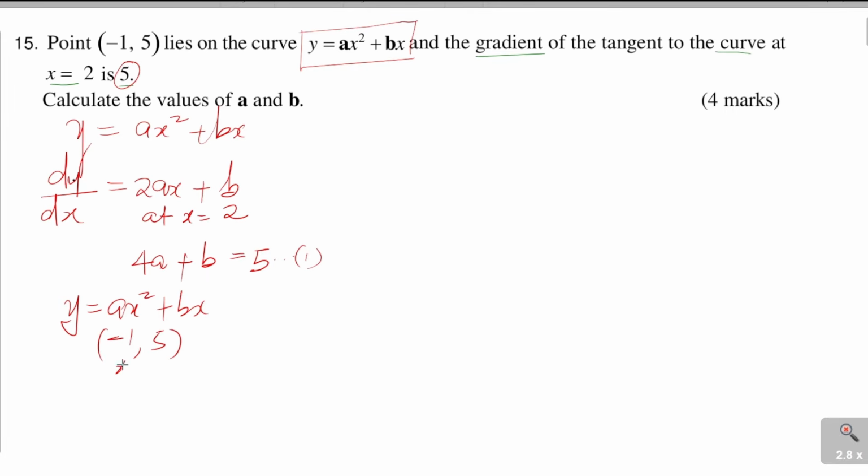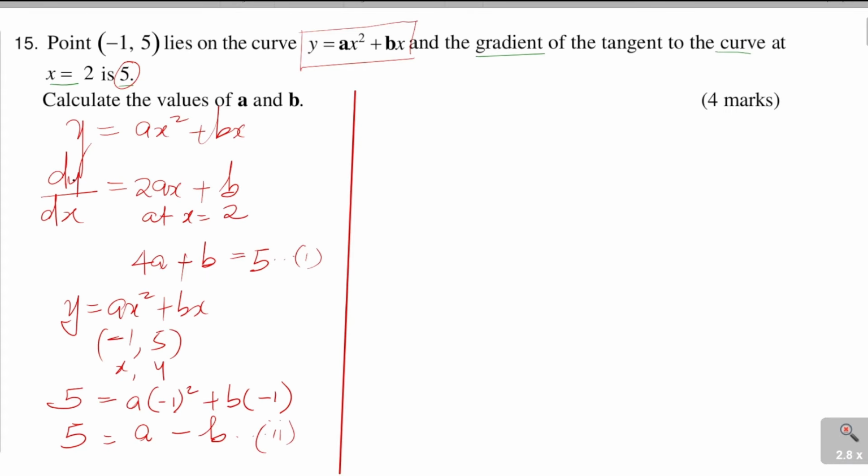We substitute x and y: x is -1, y is 5. So 5 = a(-1)² + b(-1). So this gives 5 = a - b. This is going to give the second equation.